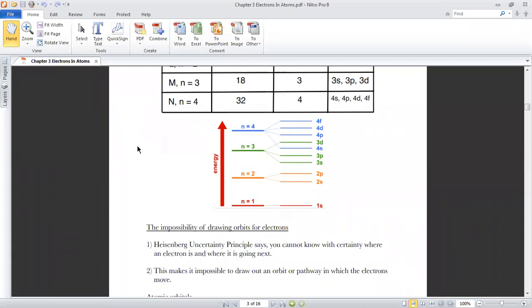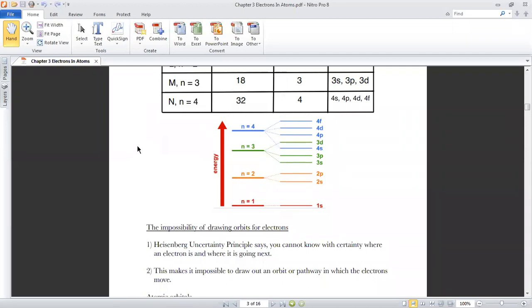And it means that 2p is slightly further away from the nucleus. You know that as you go away from the nucleus, the energy of the shells increases, so does the energy of the subshells. So 2s has slightly lower energy, it is towards the nucleus. 2p has slightly higher energy, it is slightly away from the nucleus.